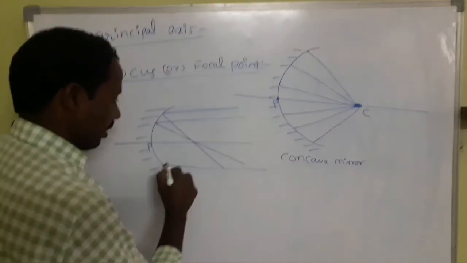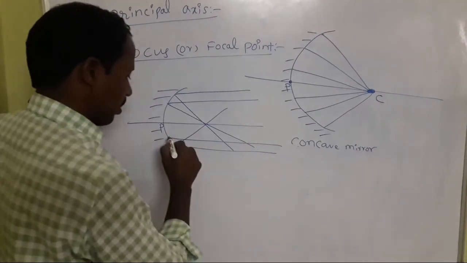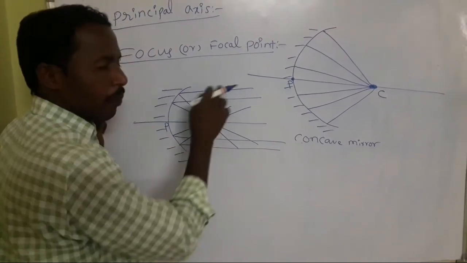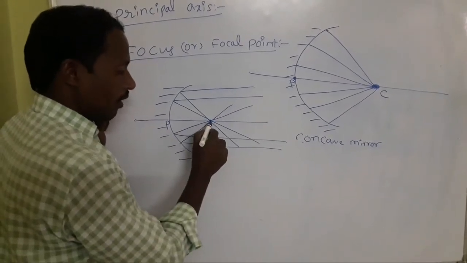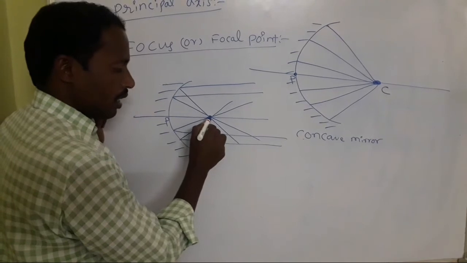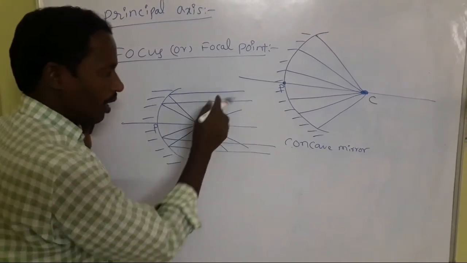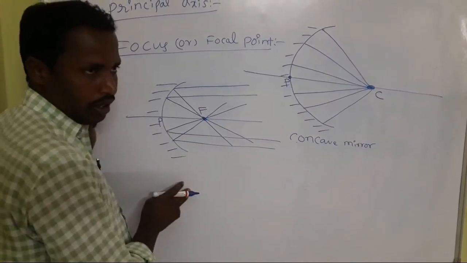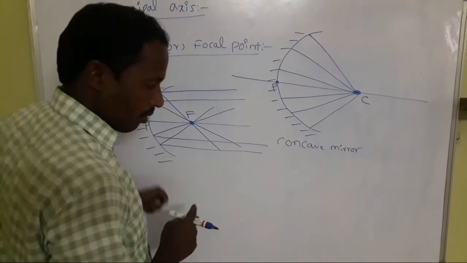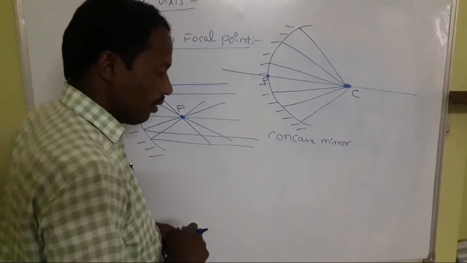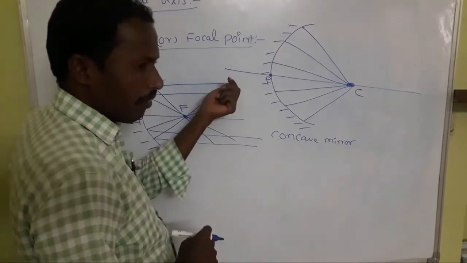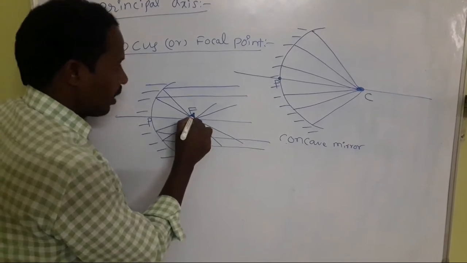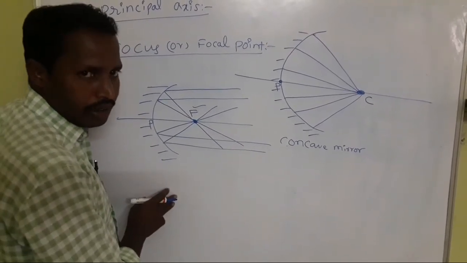Another light ray also falls and is reflected, and so is another. All the reflected rays converge at a point, and that point is known as the focus or focal point of the mirror.